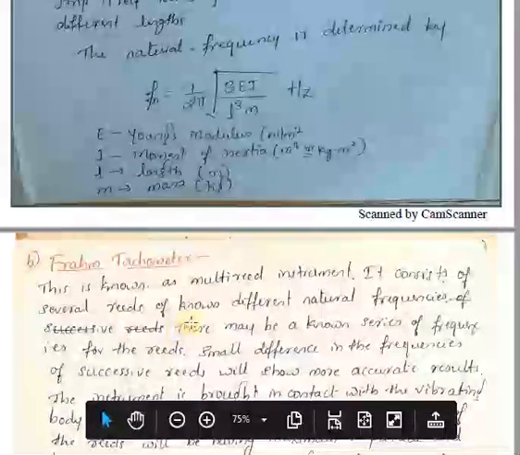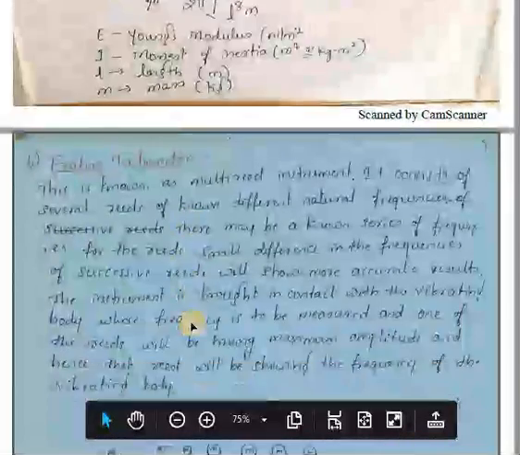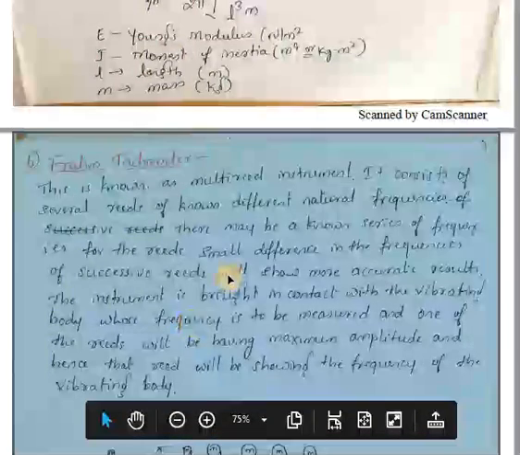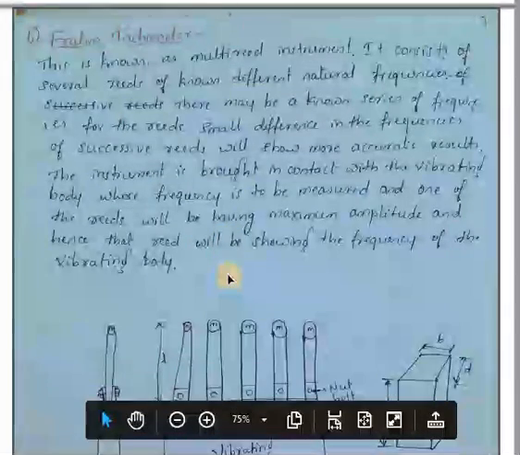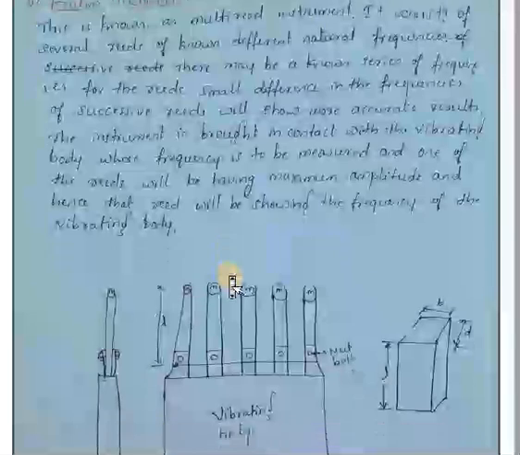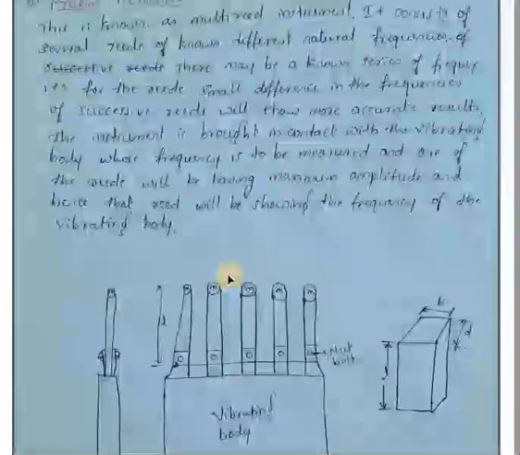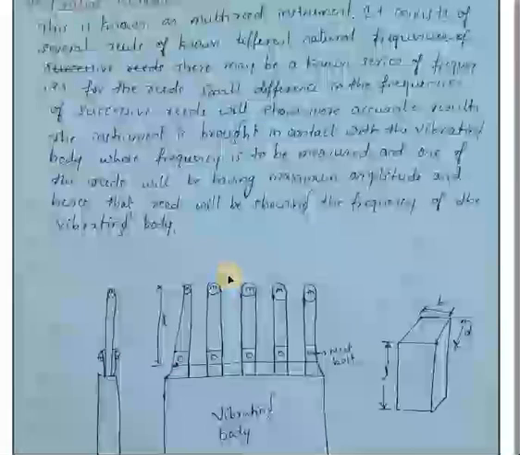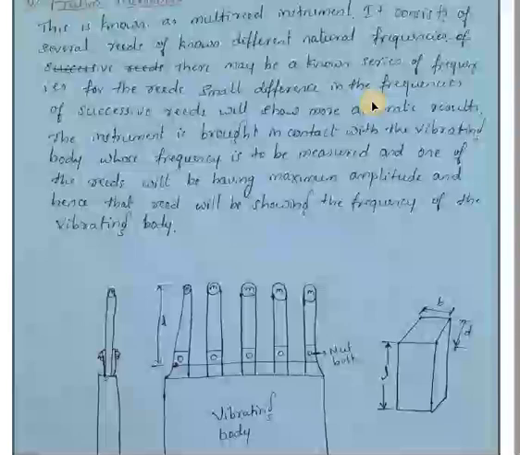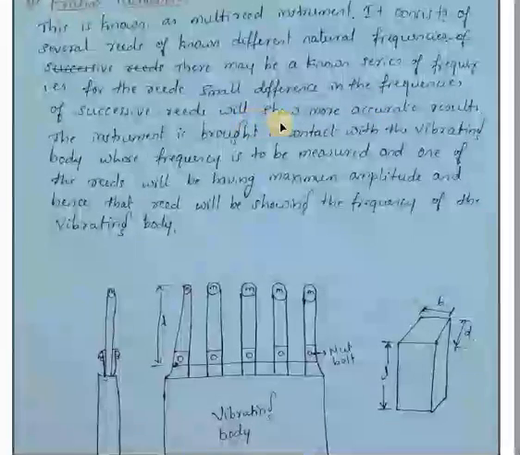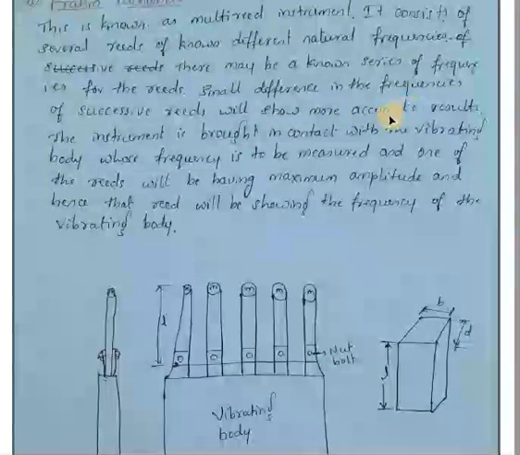The second one is the Frahm tachometer, which is known as a multi-reed instrument. It consists of several reeds of known different natural frequencies. There may be a series of frequencies for the reeds. The small difference in the frequencies of successive reeds will show more accurate results.